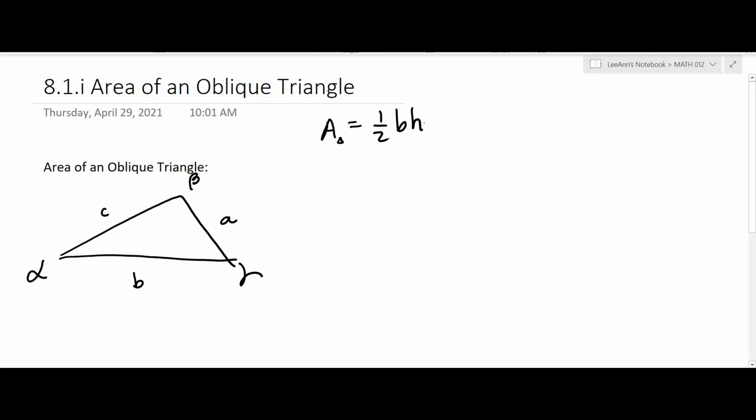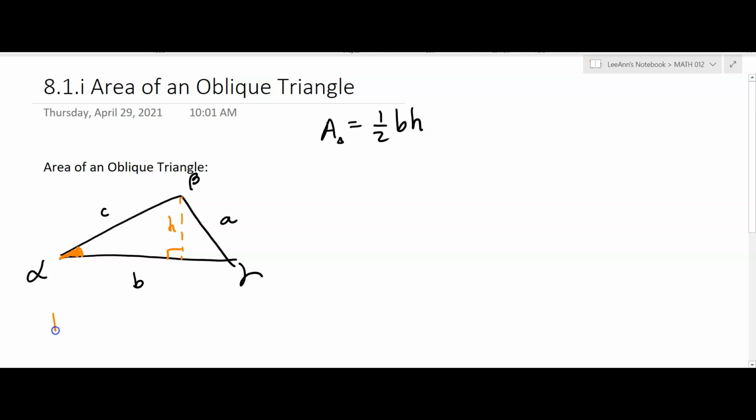So let's go ahead and draw the height in. And that makes a right angle right there. Okay, so this would be H. Well, if you don't know what H is, you can still find the area of the triangle. Let's say that we know this angle here, alpha.